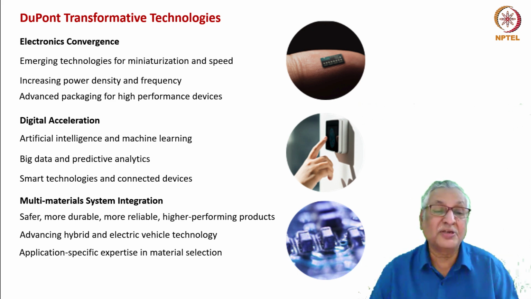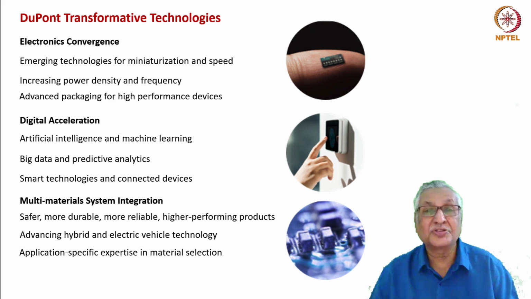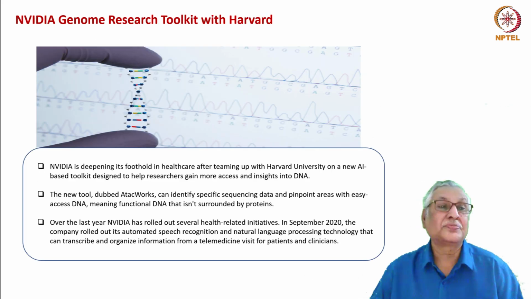It also has multi-material system integration for safer, more valuable, more reliable, and higher performing products, advancing hybrid and electric vehicle technology, and application specific expertise in material selection. That's DuPont for you.